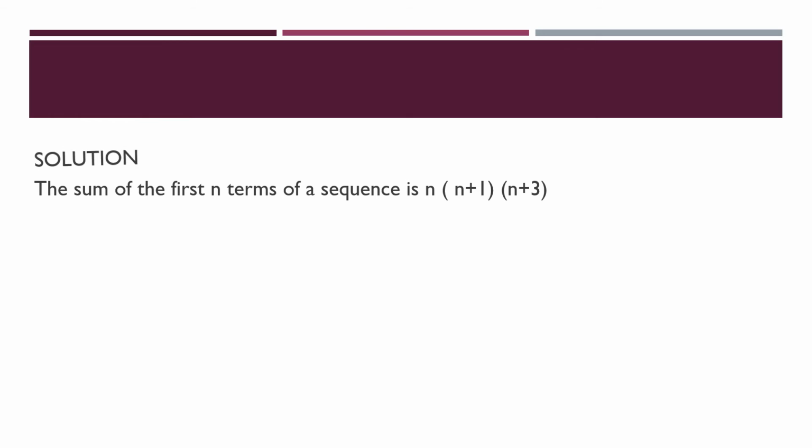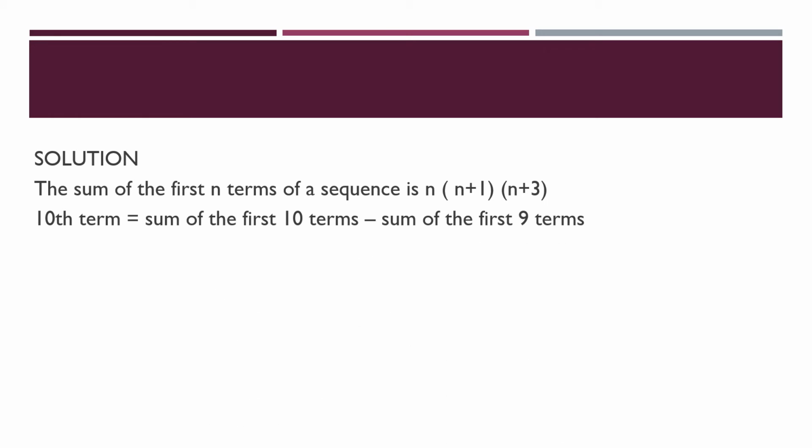Since I'm looking for the 10th term, I will take the sum of the first 10 terms and subtract the sum of the first nine terms from it. The sum of the first 10 terms minus the sum of the first 9 terms. By doing that, the 10th term will just be all alone.